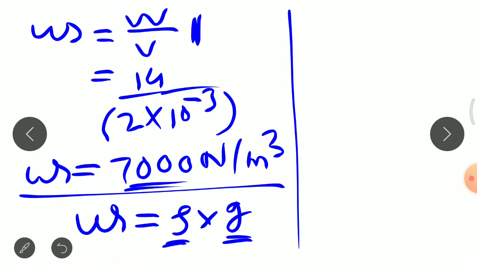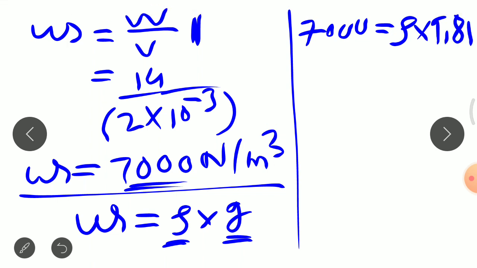Simply by cross multiplying we get the value of rho. I will put here 7000 is equal to rho into 9.81. Here 9.81 gets divided, so we will get rho is equal to 7000 divided by 9.81.